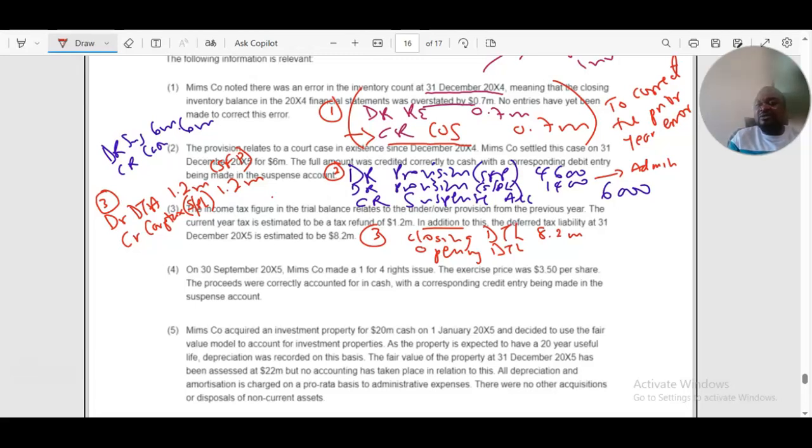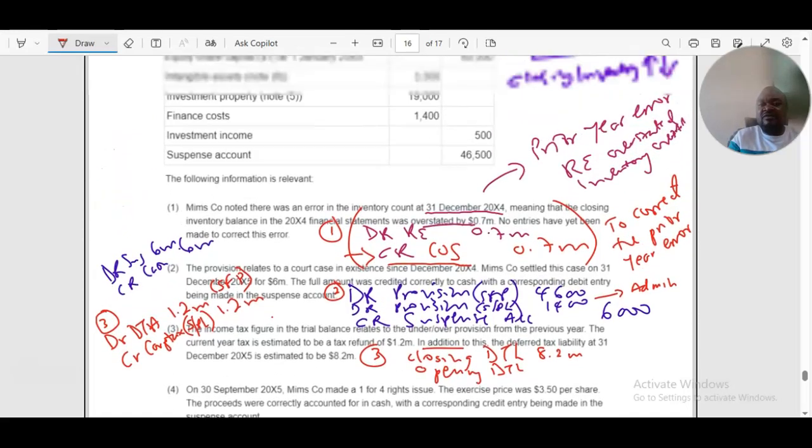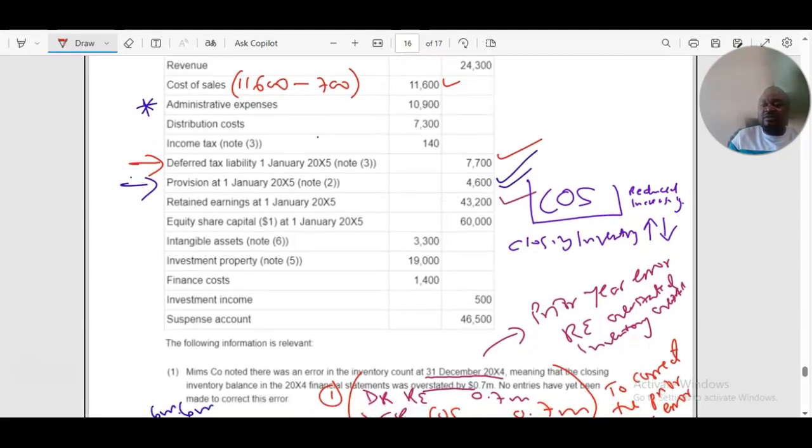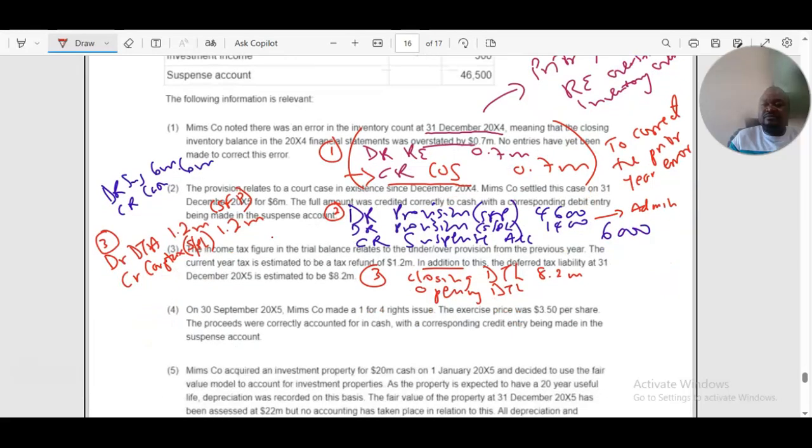If we come back to the information, we can see that there is information about the opening DTL, which is 7.7 million.